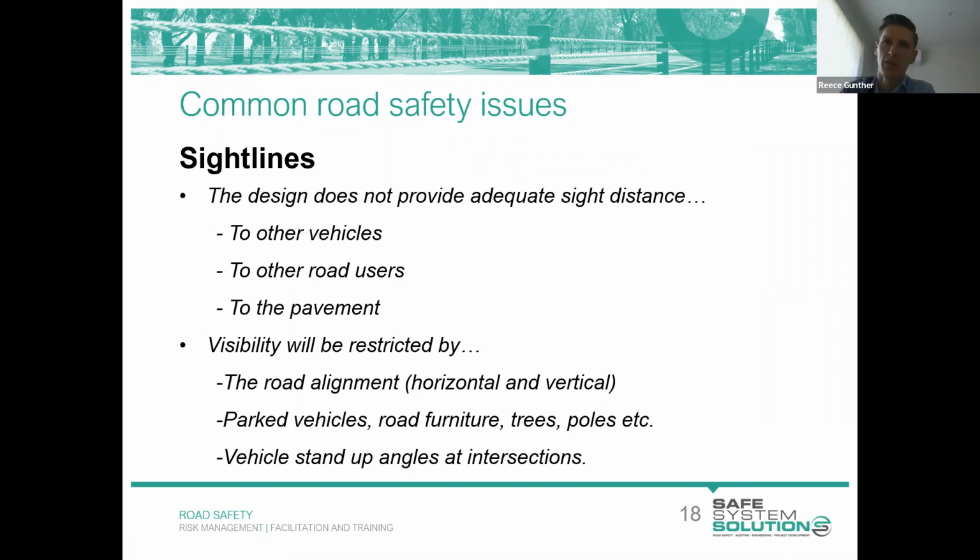The common safety issues we find are spelt out there: the sight distance isn't adequate, or it's simply being restricted by elements in the road environment, such as parked vehicles, trees and poles, which is resulting in low levels of road safety at that particular location.